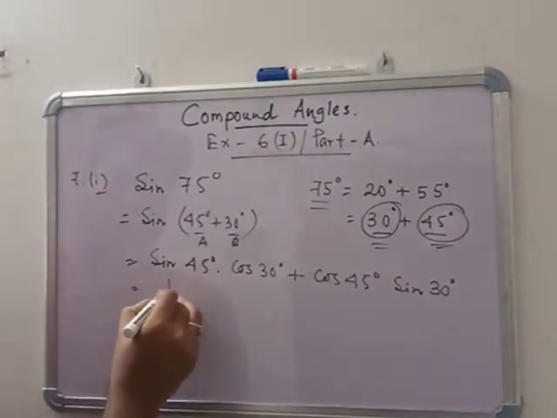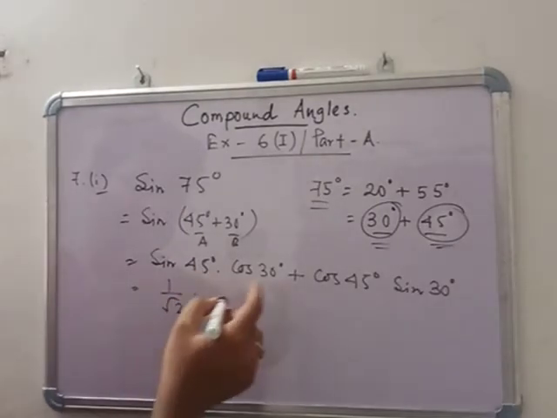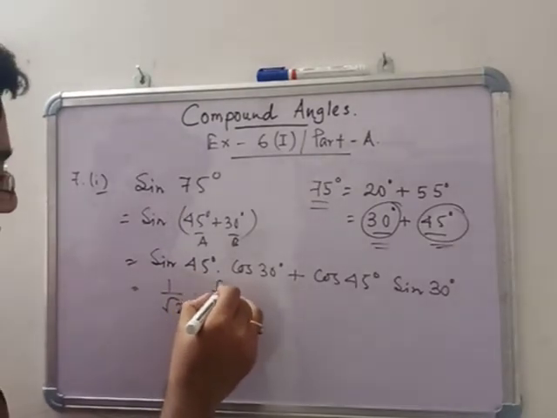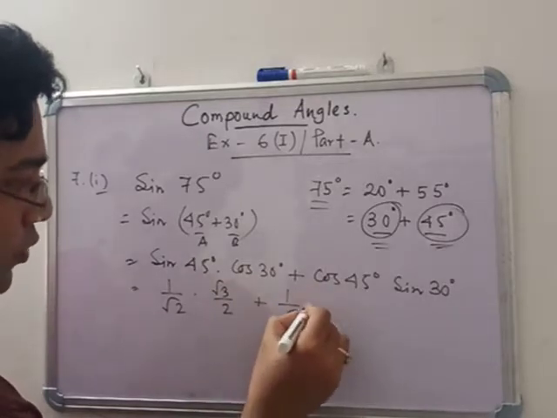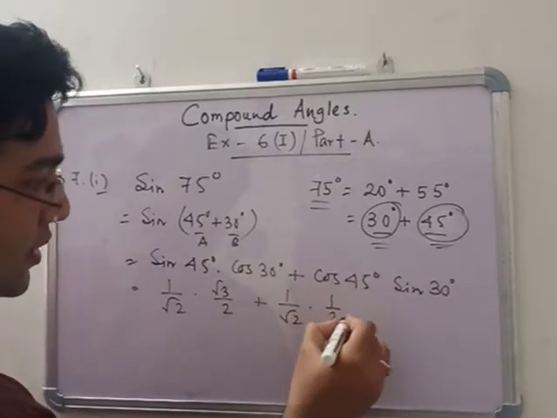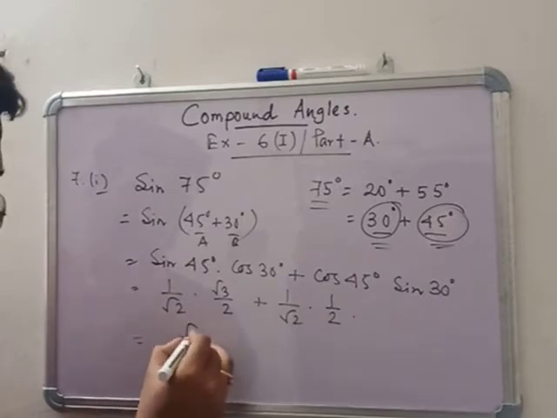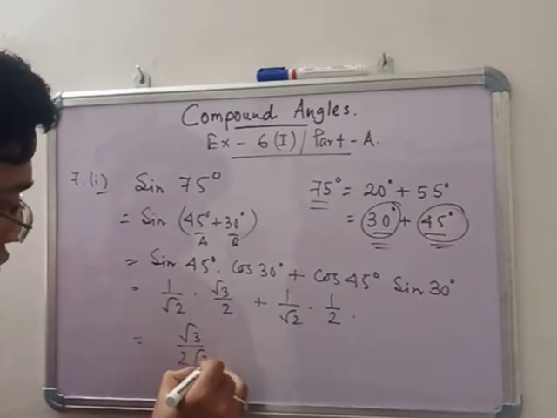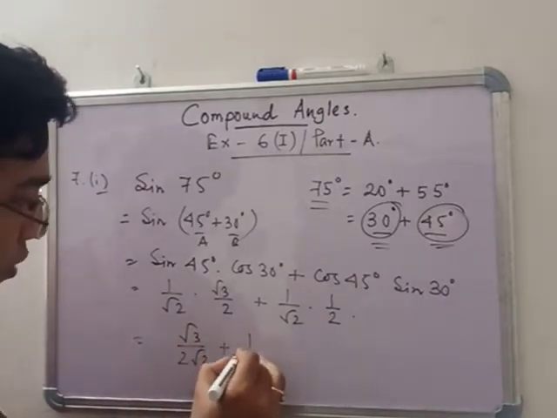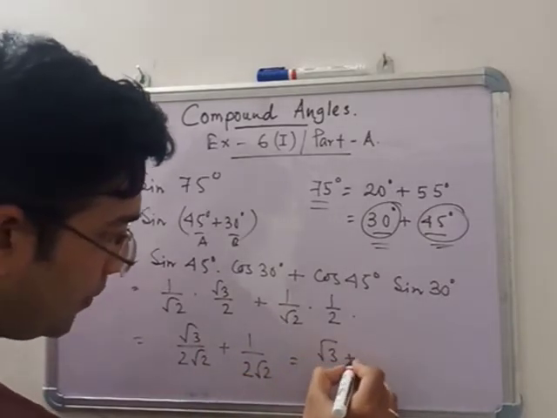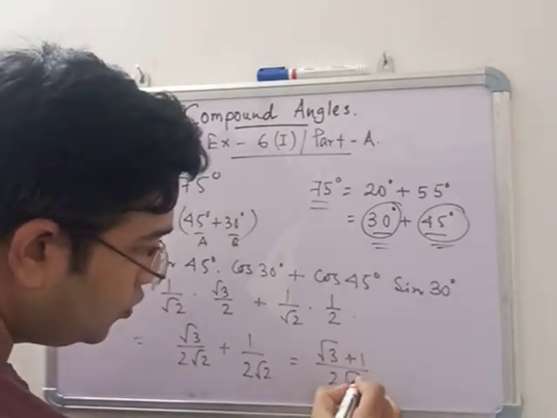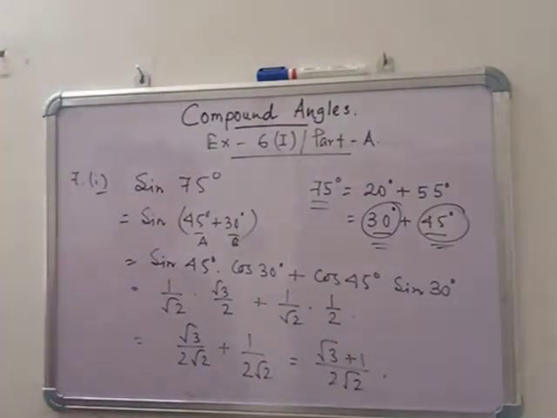That means 1 by root 2, cos 30 is root 3 by 2, cos 45 is 1 by root 2 and sin 30 is half. So root 3 by 2 root 2 plus 1 by 2 root 2, that means root 3 plus 1 by 2 root 2. This is the answer.